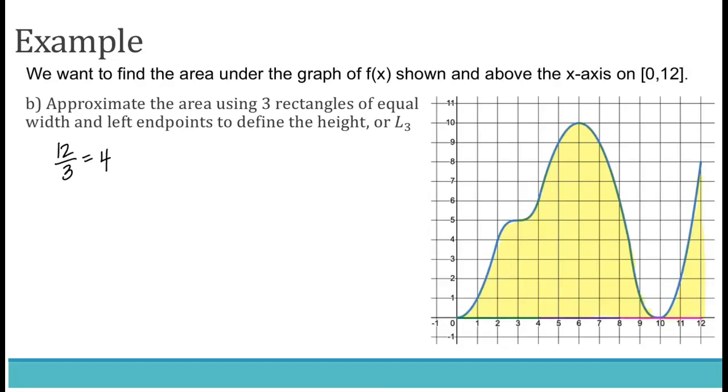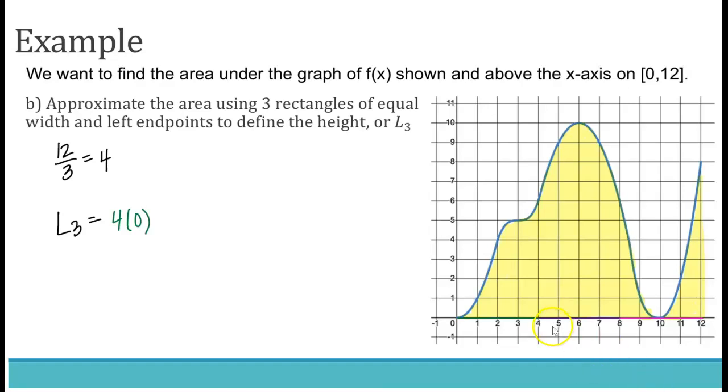So to go ahead and find L3 over the first interval here, the base is 4, and if the left endpoint defines the height, there isn't a height at all. So at the x value 0, the y value is also 0. So we have 4 times 0, so nothing is contributed in terms of an approximation here from that first interval.